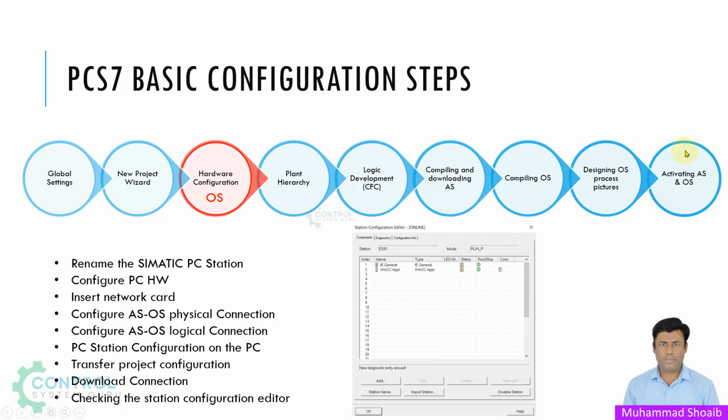Once the project configuration is transferred and the connection is also successfully downloaded, this icon will appear. Once our project configuration is successfully transferred, in the station configuration editor you can see here that the IE General and the WinCC application configuration have been successfully transferred.